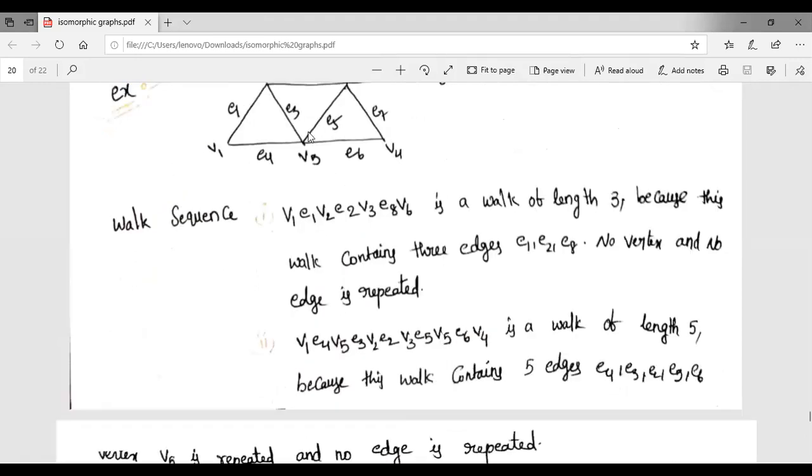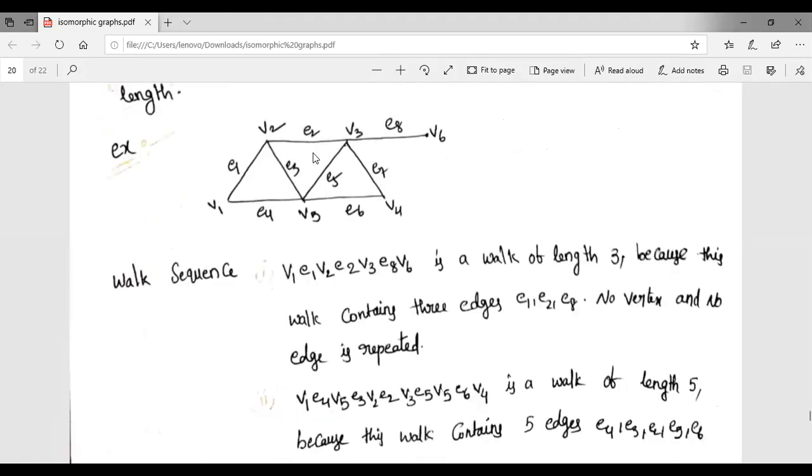We consider another walk from this graph: V1, E4, V5, E3, V2, E2, V3, E5, V5, E6, V4. How many edges are present in this walk? E4, E3, E2, E5, E6, so 5 edges. The length of this walk is 5.